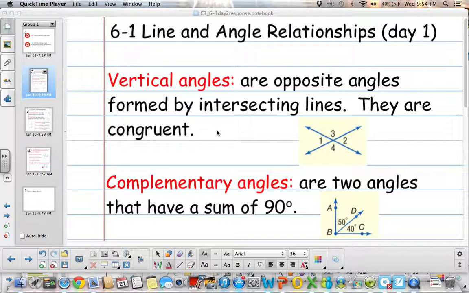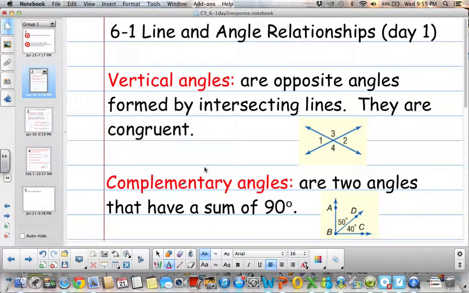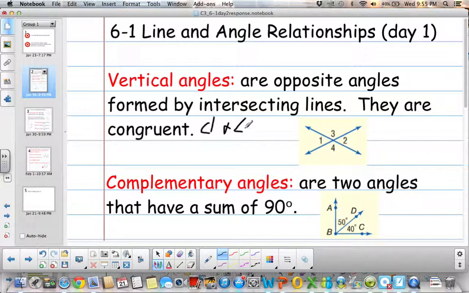So vertical angles are opposite angles formed by intersecting lines. They are congruent. So if we look at this diagram here and we look at angle 1, 2, 3, and 4, vertical angles are opposite angles. So examples of vertical angles would be angle 1 and angle 2. This one is a horrible angle sign.